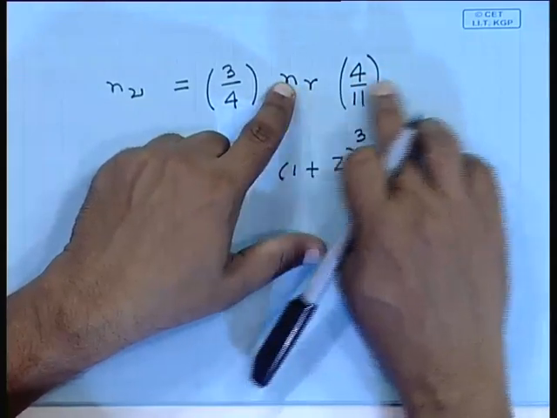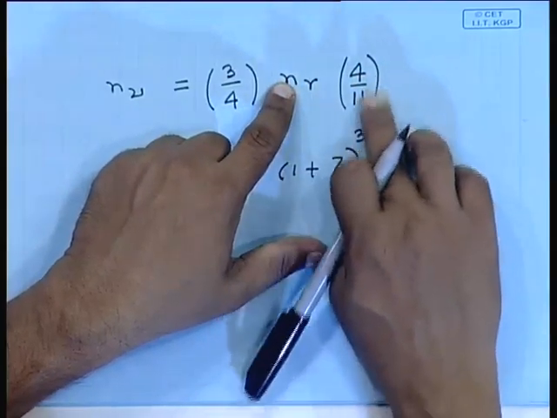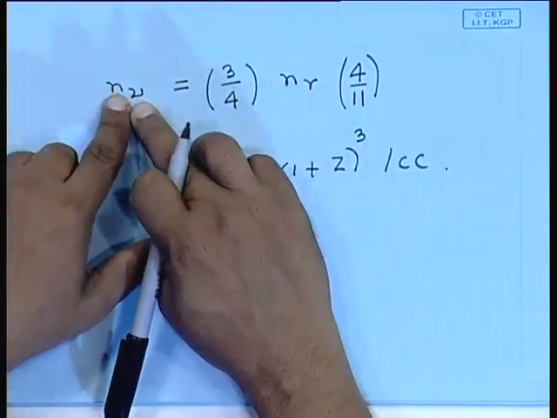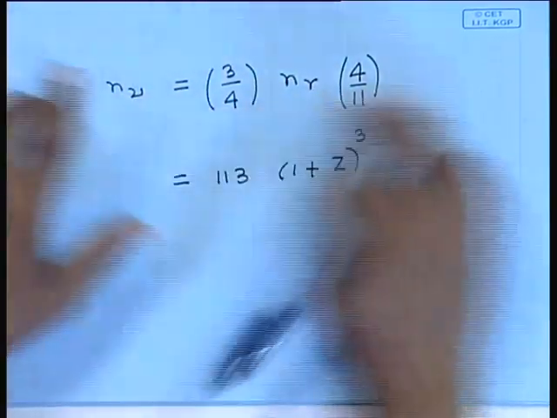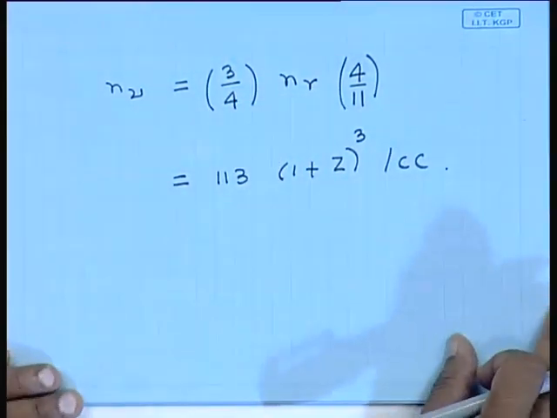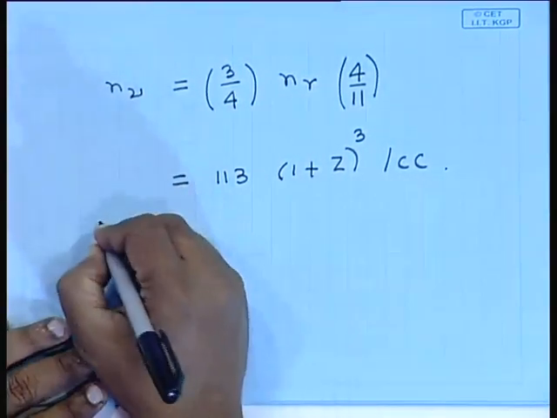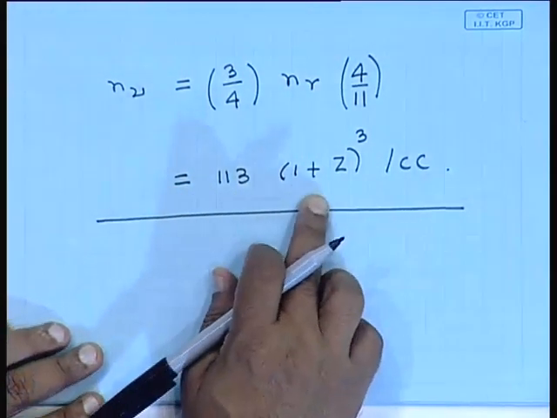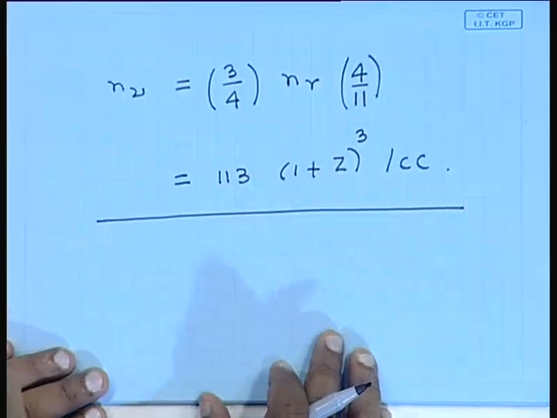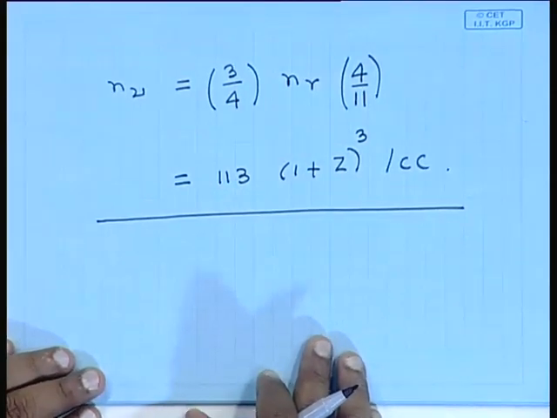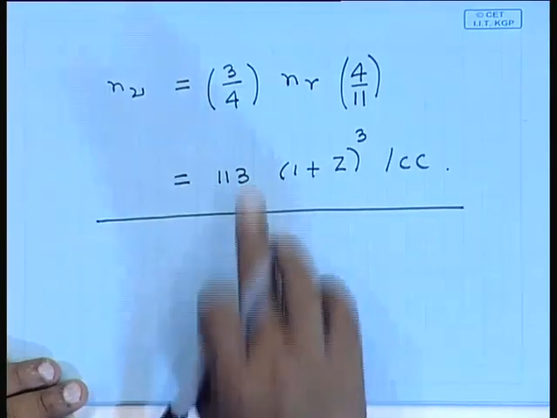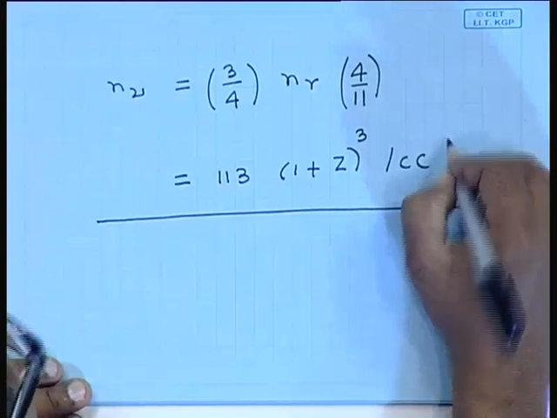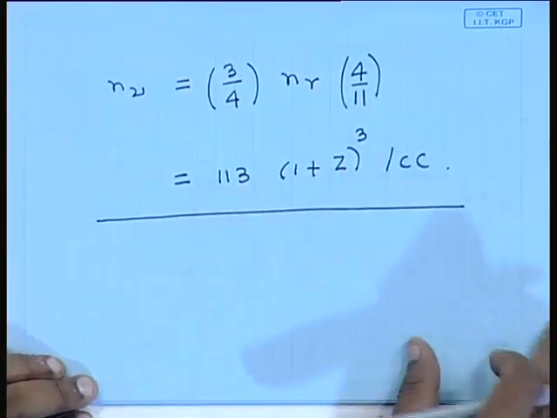The number density is proportional to T to the power cube, so this factor comes over here, and this is because the number density of neutrinos is related to number density of photons at the same temperature by a factor of 3/4. Okay, so putting in both of these factors, what we get is the number density of neutrinos for one flavor is 113 (1 plus z) cube per centimeter cube. Okay, so for photons, recollect, it was 420. For neutrinos it is 130. This is an important number.